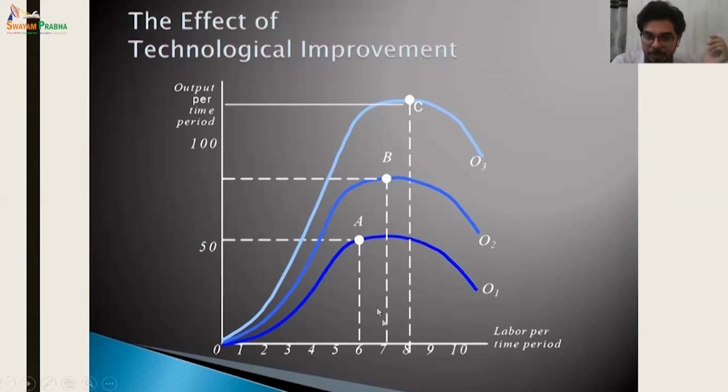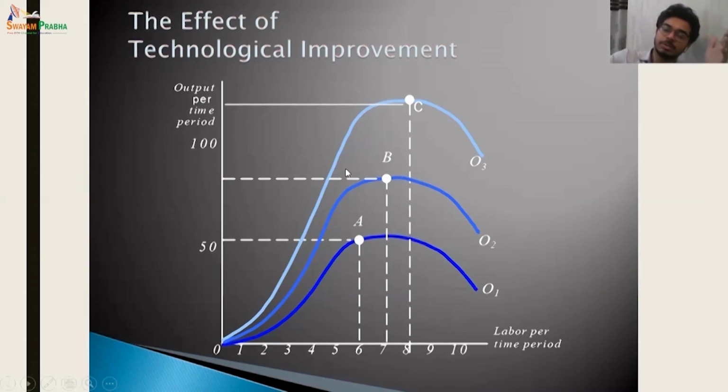See over here, with 6 you are manufacturing 50, over here probably with 6 you are manufacturing 70 or 80, and with 6 probably you are close to manufacturing 100, right? The same thing happens with 8: you are manufacturing 50, then something close to 75, and over here with 8 you are manufacturing 100.